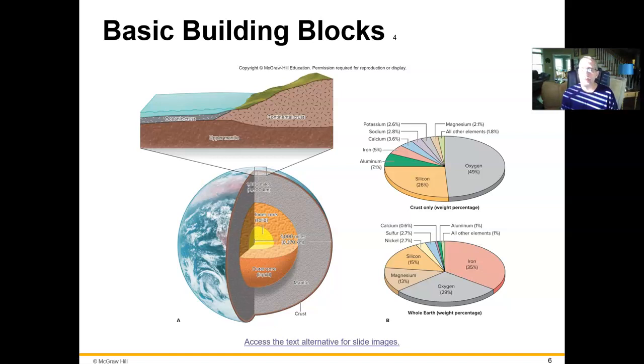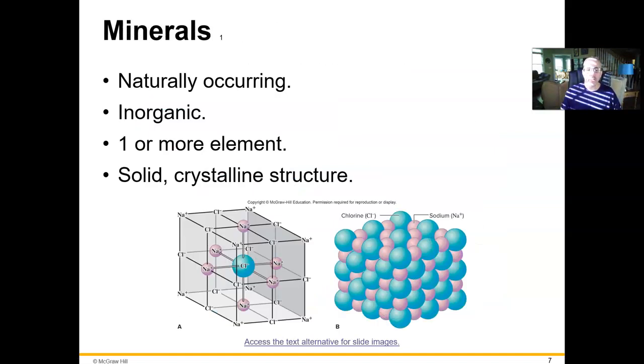Oxygen does as well. But in the whole Earth, when you get into the cores, you see a lot of iron, which on the surface you don't see quite as much, a very small amount compared to the core. Magnesium is also a major player here. So that just gives you a little bit of the background of the elements that we're dealing with within the Earth.